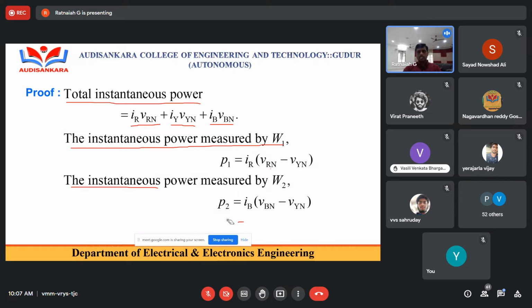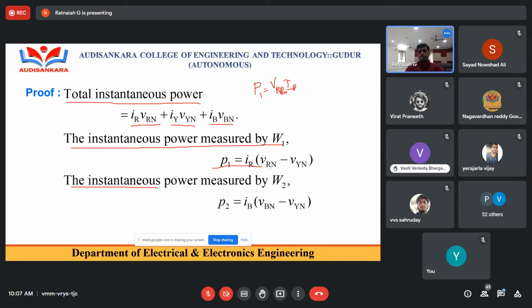There are a lot of mistakes in the equations, so I will go with handwritten ones for full clarity. Coming to the first, P1: the instantaneous power absorbed by the first wattmeter. The voltage is VRB into IR.